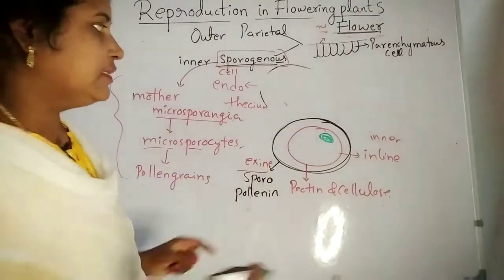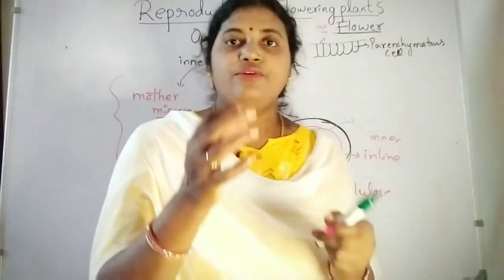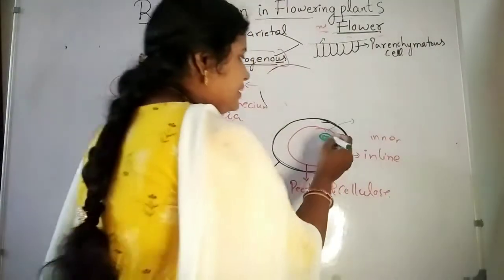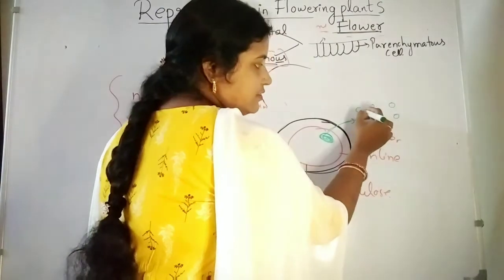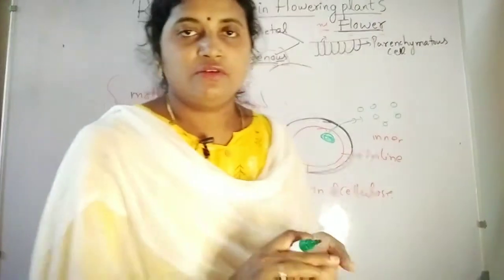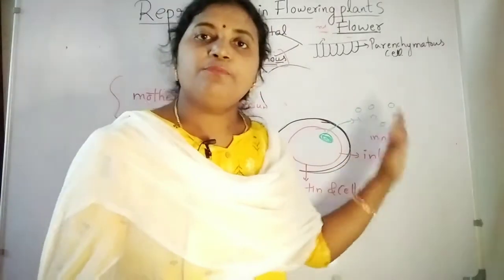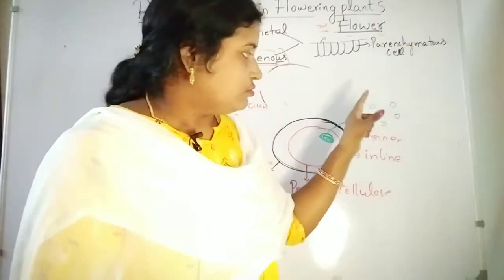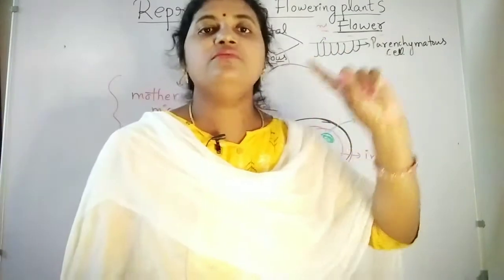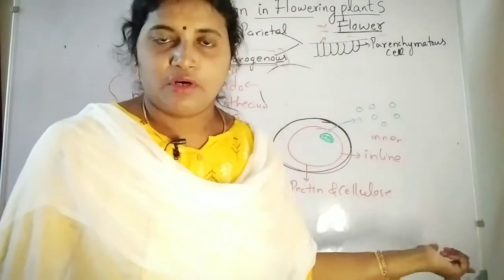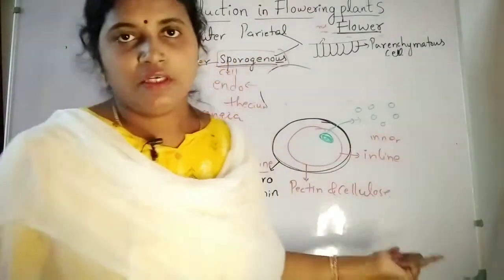So this layer is going to dissolve and it is releasing the pollen grains outside. So when the callose layers are dissolving and releasing the pollen grains, these pollen grains are going to reach the stigma of the carpel.